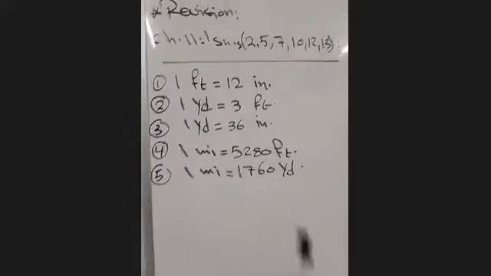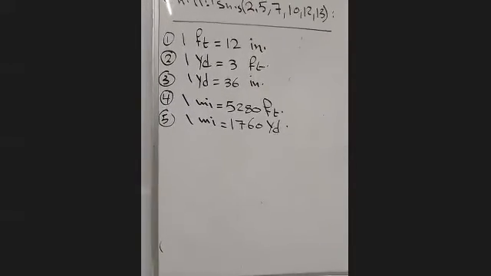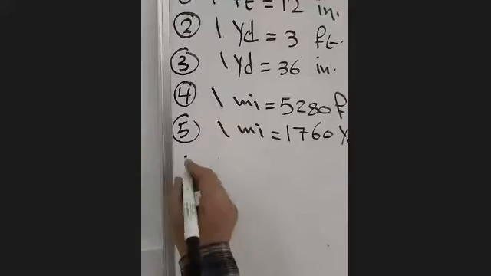Now in lesson 5, guys, what do we have? Let's go to lesson 5 together. It is about converting customary units of weight, right? Pound, ounce, and ton. 6, what do we have?